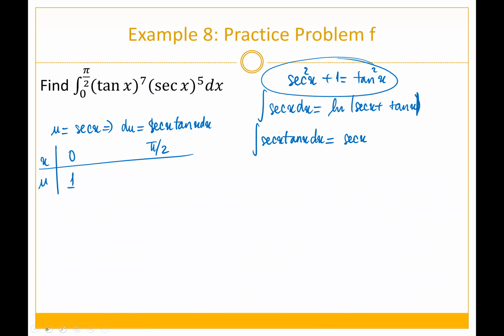Give me a second. I think I made a mistake copying down my notes.